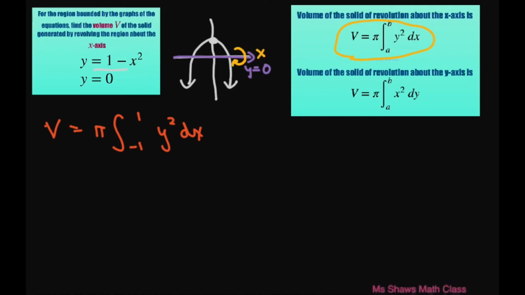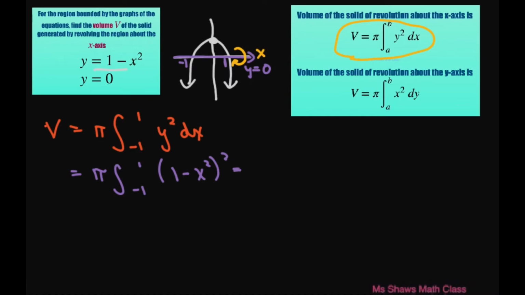All right, so from that, we're going to get, this is -1 to 1 right there. Let's pull out the pi. And that's going to be the integral from -1 to 1. Substitute in your y, which is 1 minus x squared, squared.